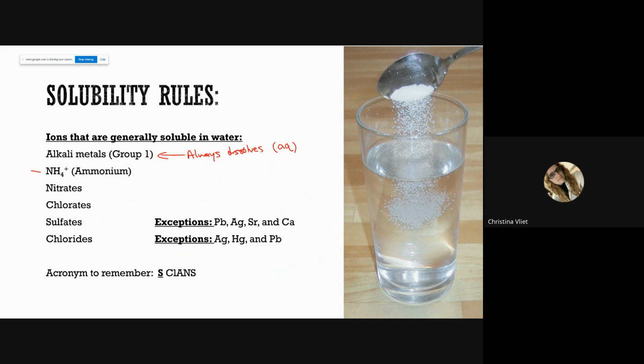Ammonium compounds dissolve. So I've got the first one here. I've got some ammonium chloride for you. Anybody want to test ammonium chloride if it dissolves in water? One table. All right, Hakeem, you had your hand up first. So I'm giving you NH4Cl.